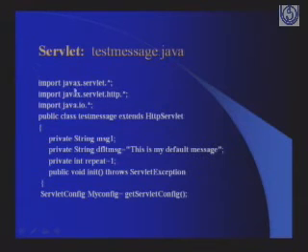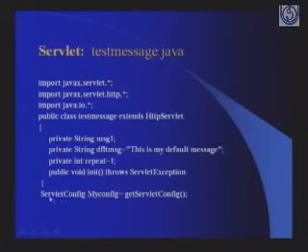Now in this program, if you see, there is nothing very special, but one thing is special, that is here we are not using default initialization, we are using our own initialization by implementing this init method.